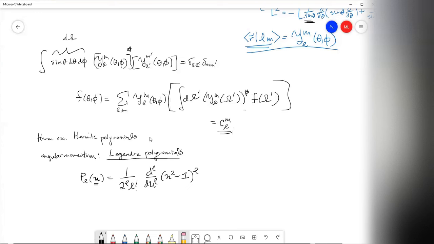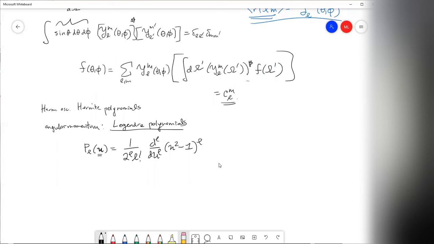So they're just some polynomials. There are also the associated Legendre polynomials, which include the effects of having an m. Those are given by 1 minus u squared to the m divided by 2, and now m derivatives with respect to u acting on these.